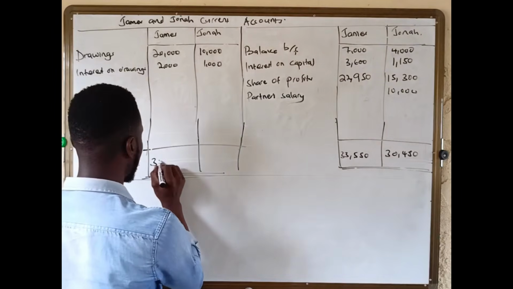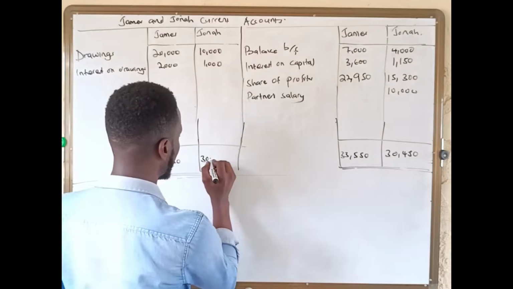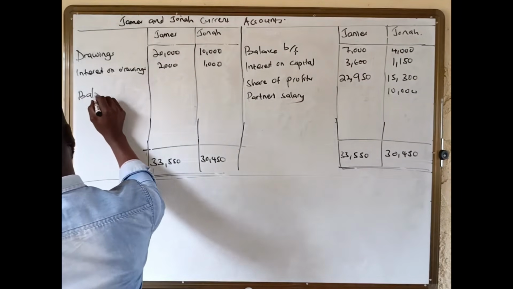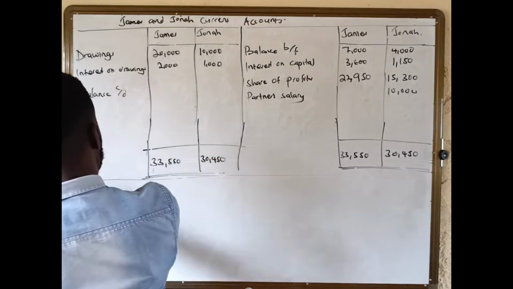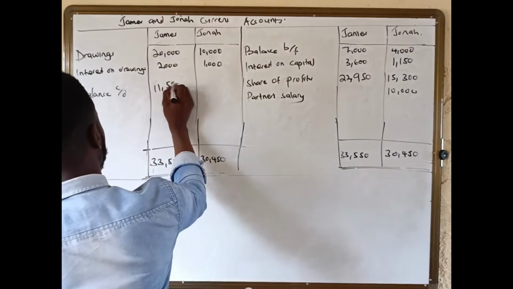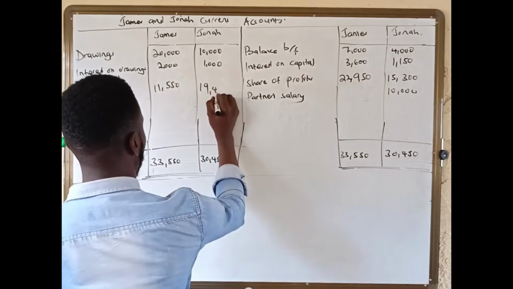We shall bring it here as 550 and 30,450. So our balance carried down, we shall have 11,550, and here we shall have 19,450.